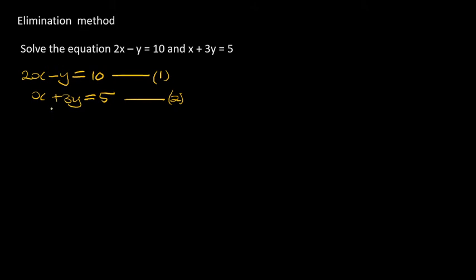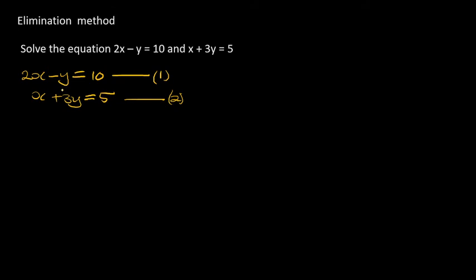So how do we do the elimination? We have to check to see that the coefficient of y here is the same as the coefficient of y in equation 2. But if you observe these two equations, they are different. We have the coefficient of y to be -1 here and +3 over here. So what do we do?